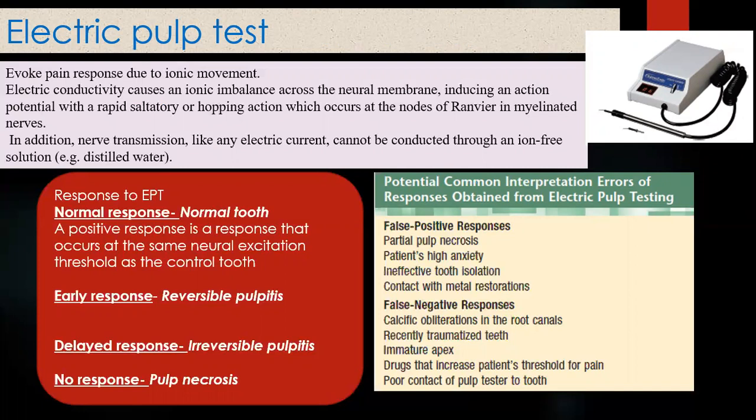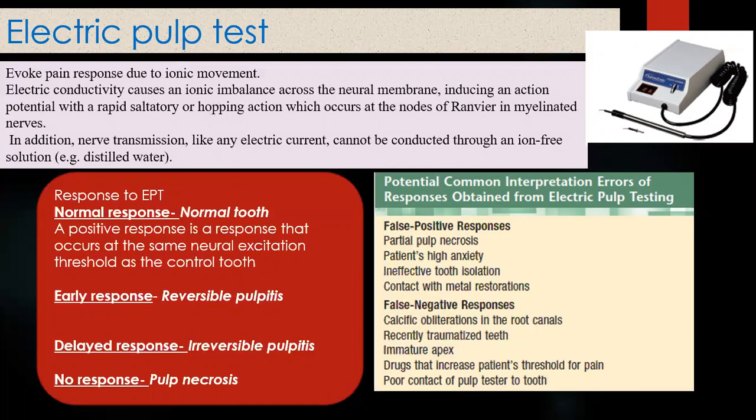For example, if we have three or four pulp horns, and one pulp horn is affected but the others are not, we may still get a response. So it is a partial necrosis of one part of the pulp, while the other part has inflammation, and we are still getting a response, so we feel that the pulp is at the stage of pulpitis.